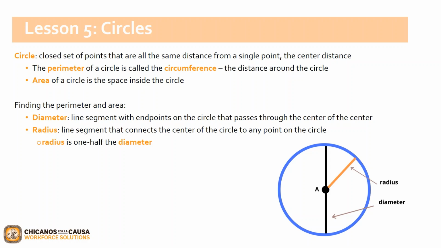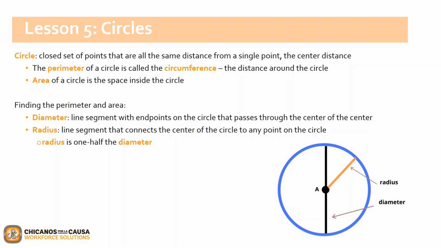They are a closed set of points that are all the same distance from a single point, the center. In order to find the perimeter of a circle, you need special formulas and other measurements within the circle. The perimeter in a circle is called circumference, and that is the distance around the circle.